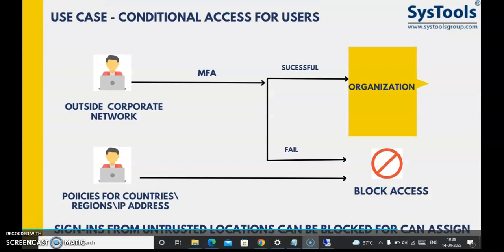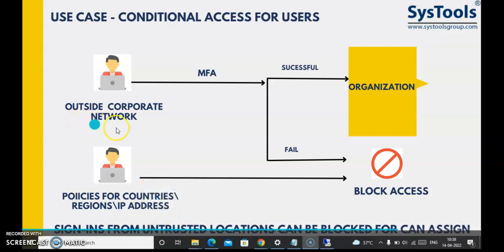Conditional access policy based on user location. With the location condition, you can control access to your cloud apps based on the network location of the user. The organization can use this location for common tasks.